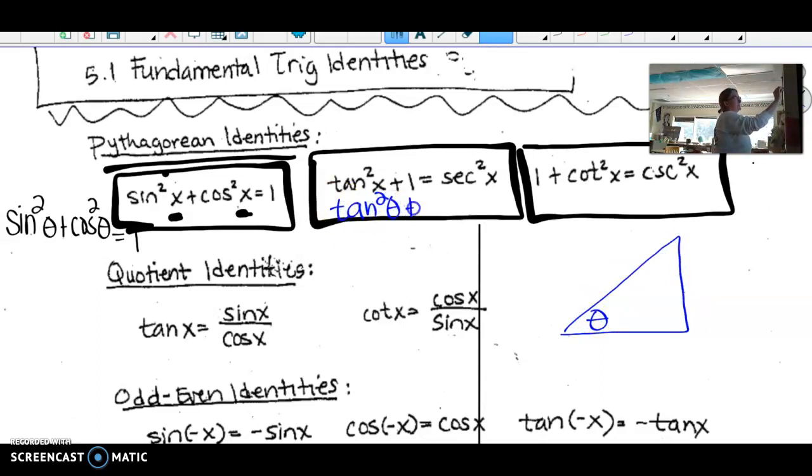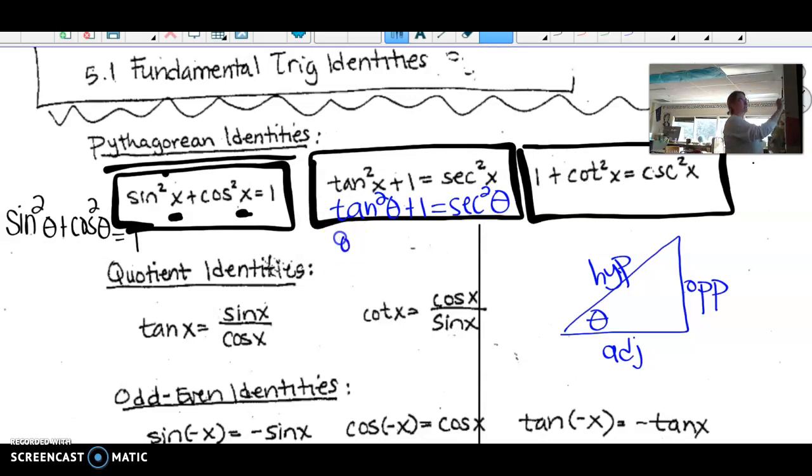Whatever this angle is, it has to be the same variable over here, the same angle measure. So we start out again, same way. I'm going to get you started, but then I want you guys to pause the video and finish the proof. And if you are struggling with it, you can ask me at our next Zoom meeting.